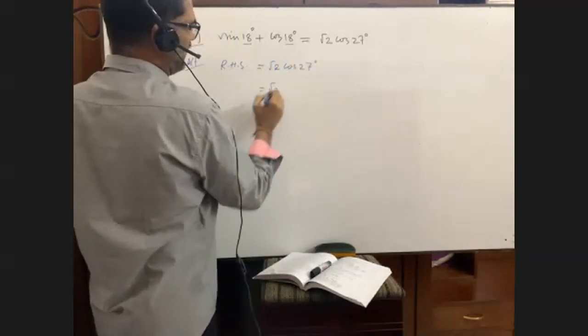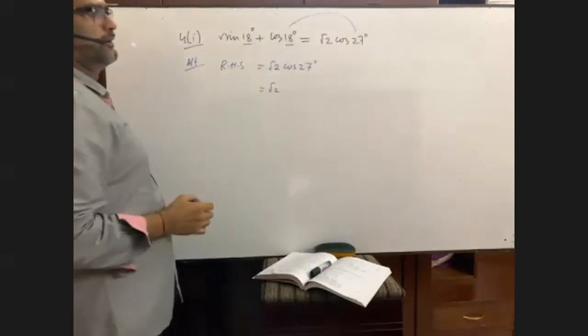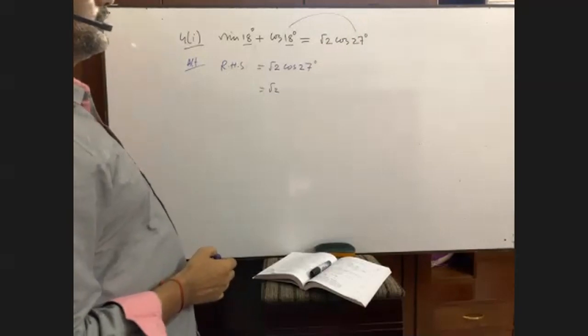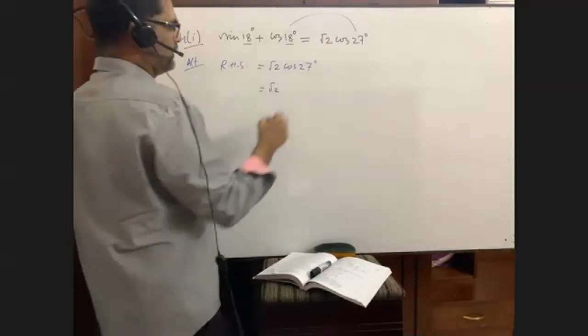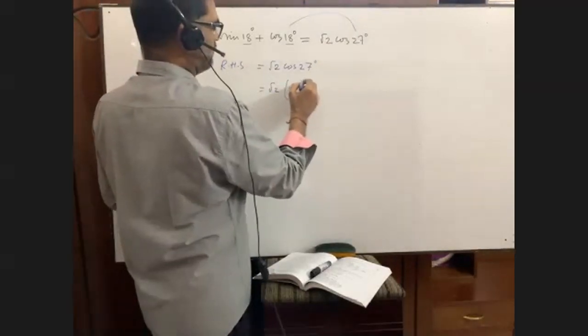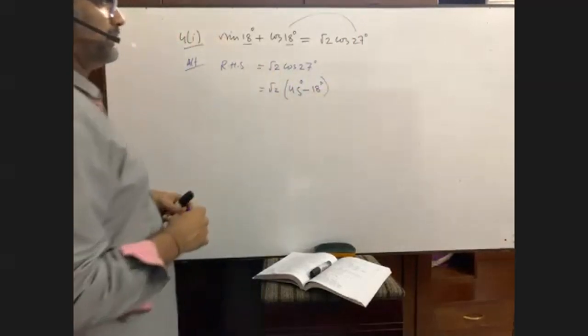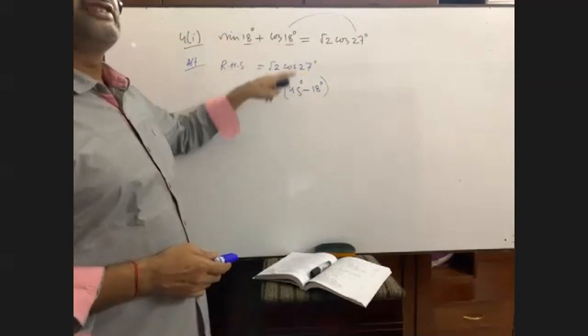Now you add these two. What is the result? 45. Very good. So can I write 45 minus 18 degree? Just to get this 27, this minus this, as a result we are getting 18, which is in the left hand side.